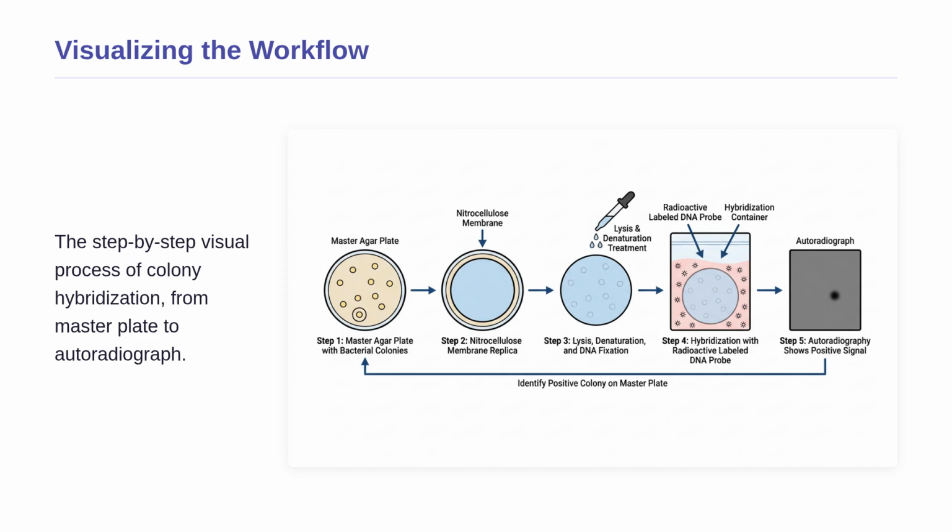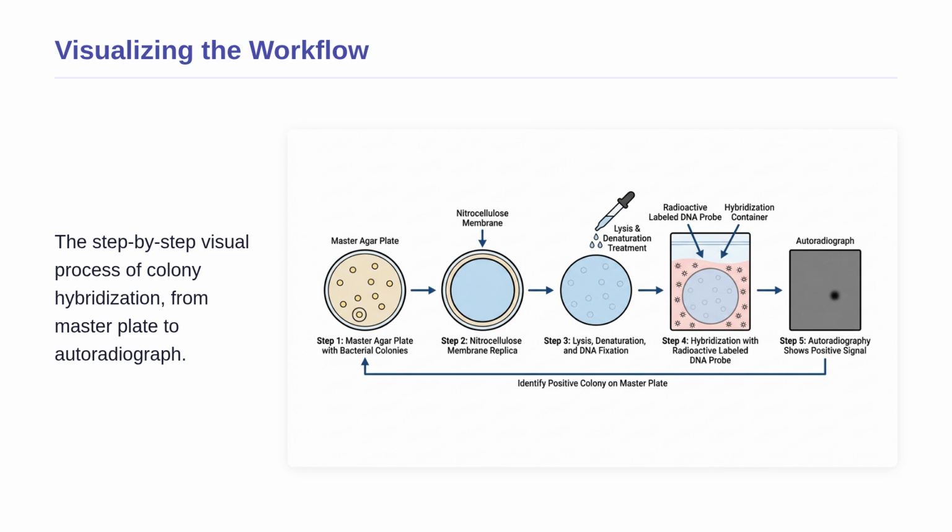To make this process completely clear, let us walk through this visual workflow. On the far left, you see the master agar plate containing various bacterial colonies. In step 2, a nitrocellulose membrane is gently placed over these colonies to transfer them. Moving to step 3, chemical treatments lyse the cells and denature the DNA, fixing it firmly to the membrane.